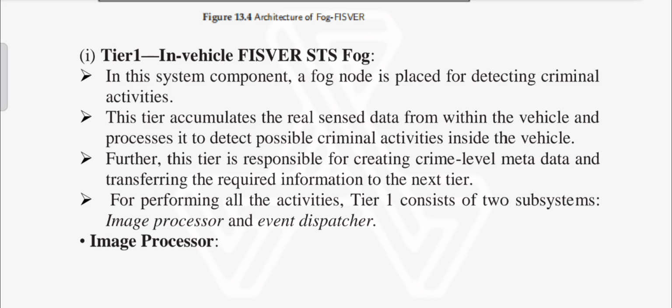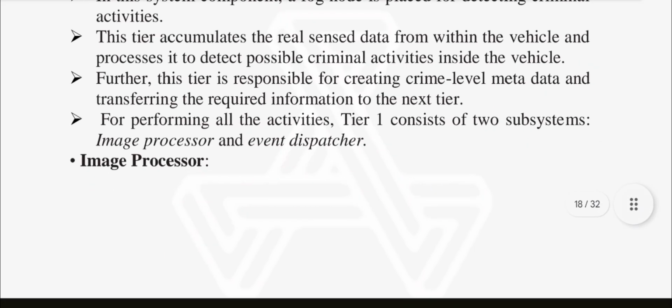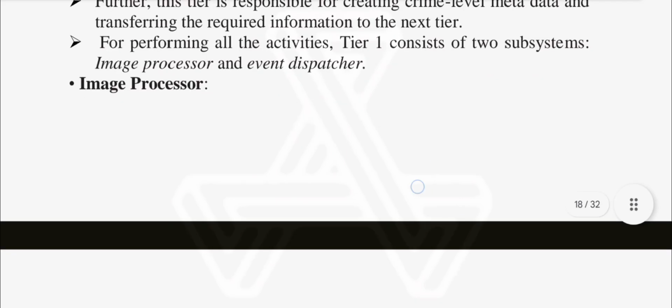This tier accumulates the real sensor data from within the vehicle and processes it to detect possible criminal activities inside the vehicle. Further, this tier is responsible for creating crime level metadata and transferring the required information to the next tier. For performing all the activities, Tier 1 consists of two subsystems: image processing and event dispatcher.